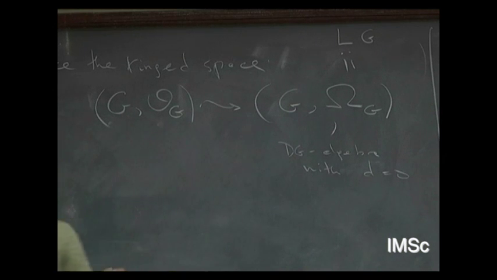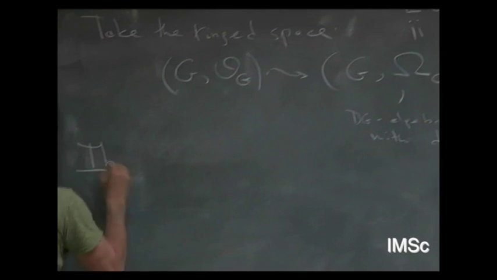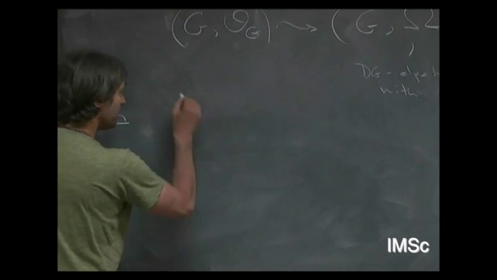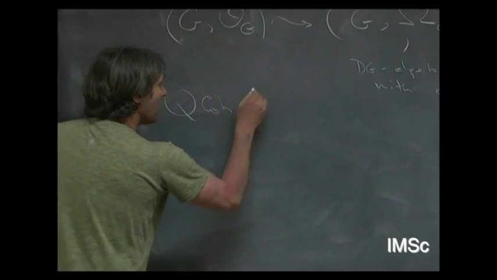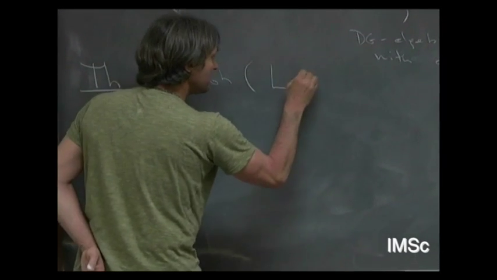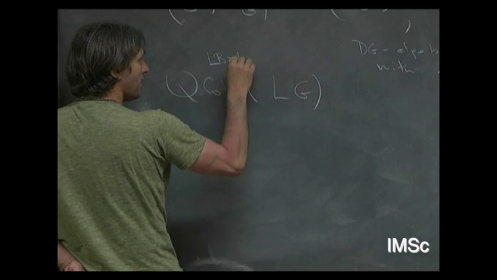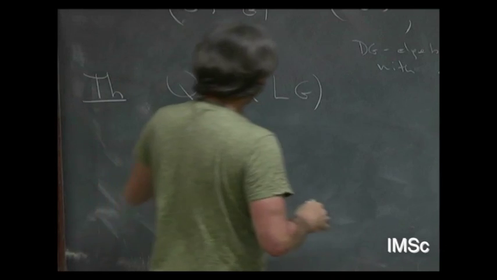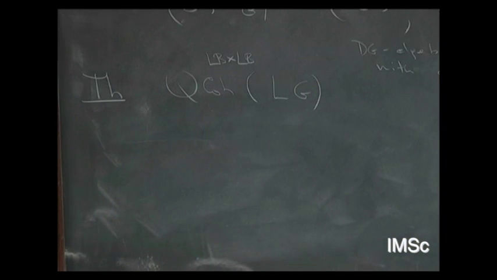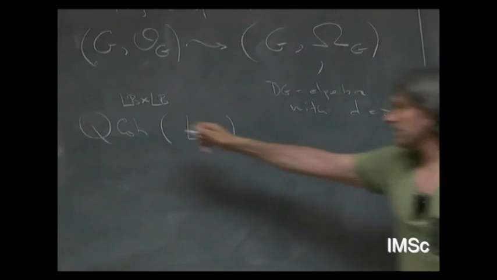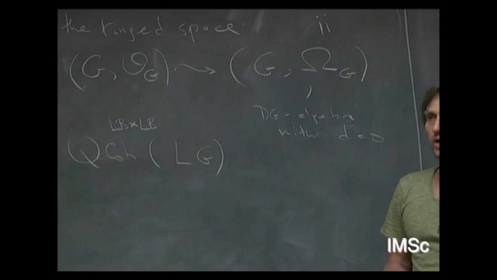So then there is a theorem which is a total analog of what we did before. We take quasi-coherent sheaves on LG, which are bi-equivariant with respect to LB and LB. So there are many algebras of differential forms involved, but some of them play the role of algebras, and when I write it like this, they play the role of coalgebras.